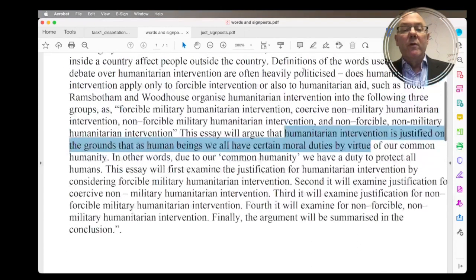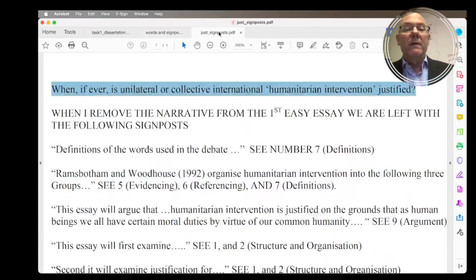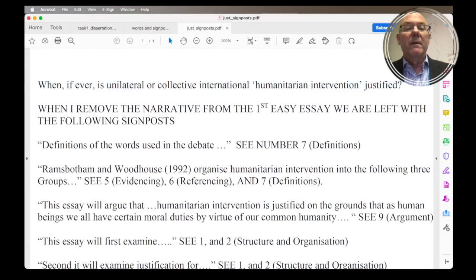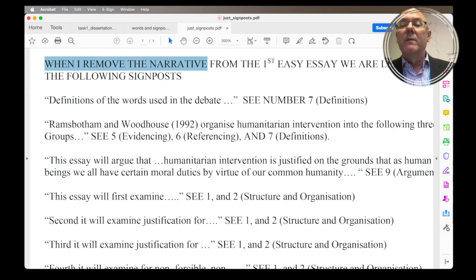I've removed all of that, and so what we're left with is only signposts. So that looks like this. When I remove the narrative, as you can see here, it says as follows. In a way I've just kept the signposts and I've deleted the words.